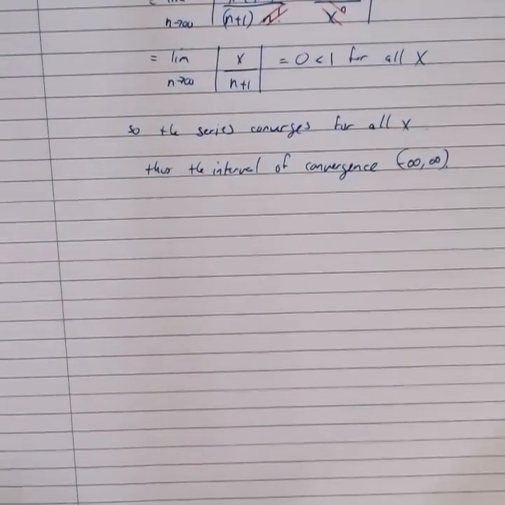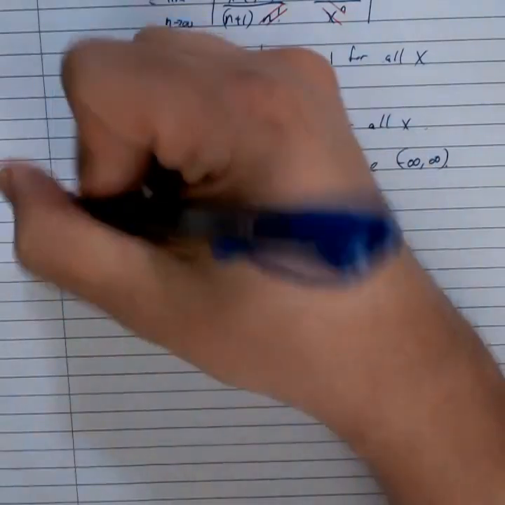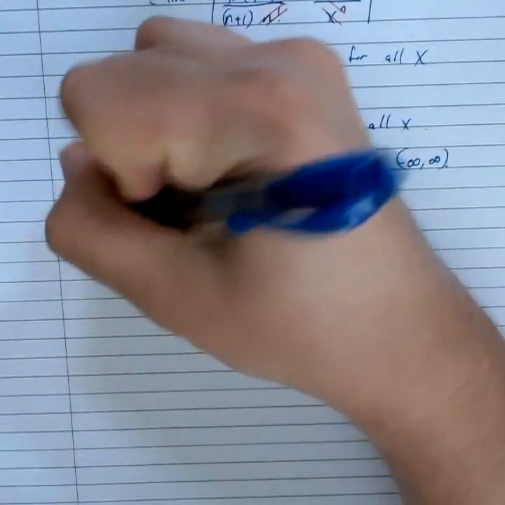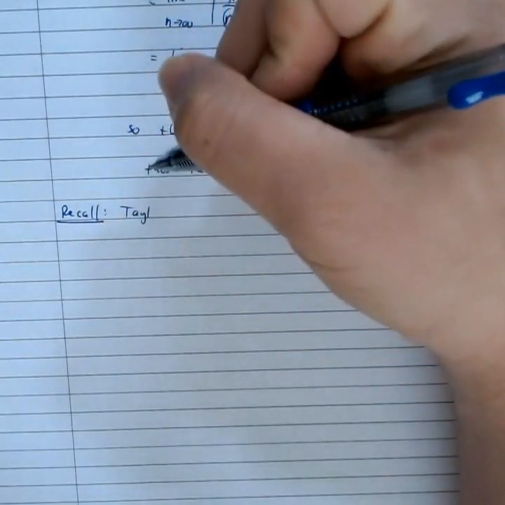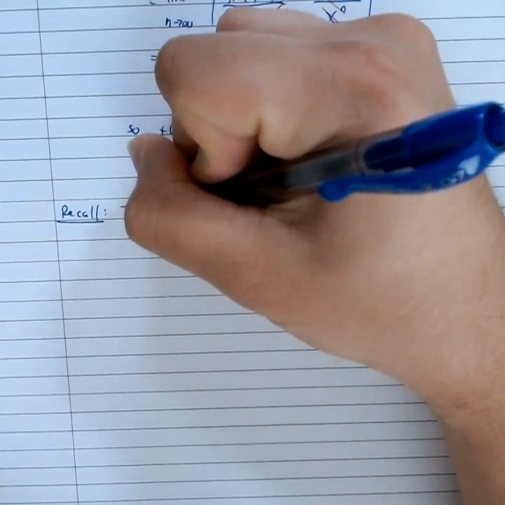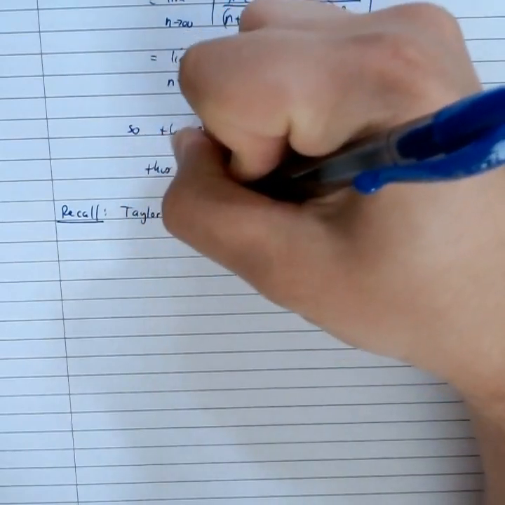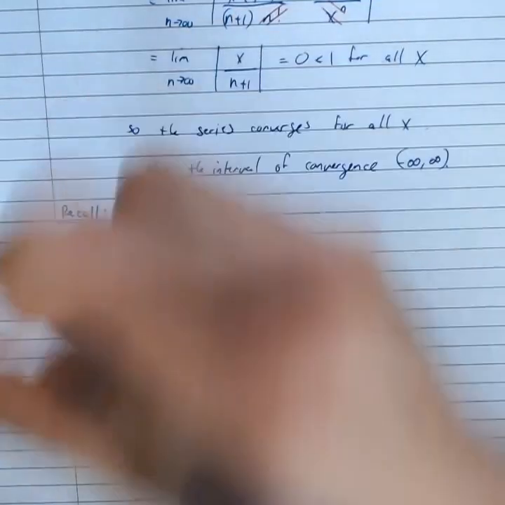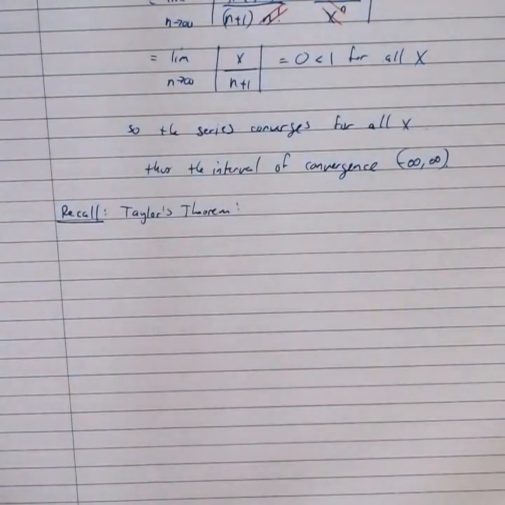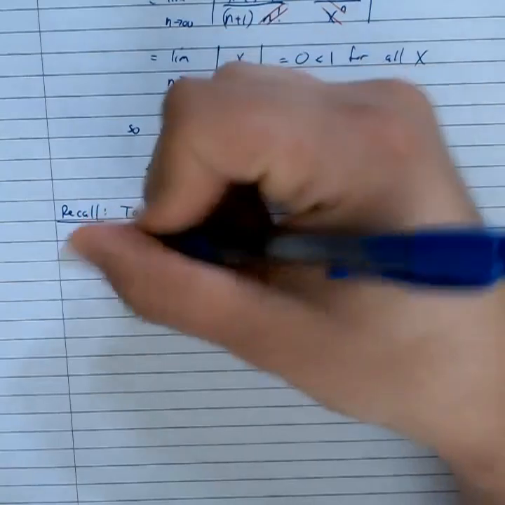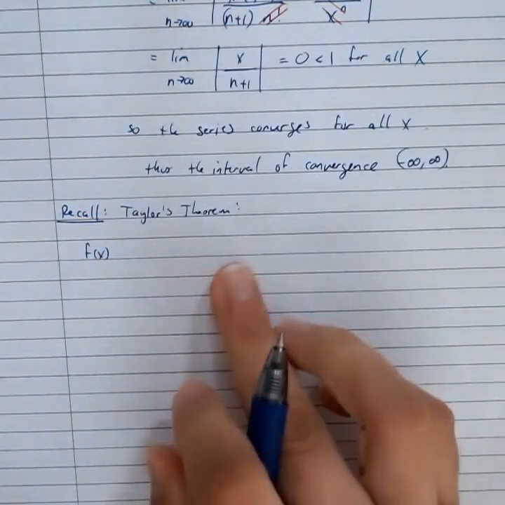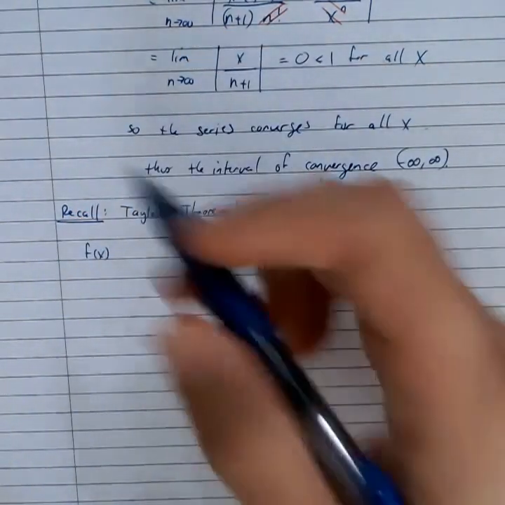Well, this brings us back to Taylor's theorem. So recall, and this was Taylor's theorem from a previous section, 9.7, I believe. Taylor's theorem says that the function f of x is approximately equal to its Taylor polynomial.